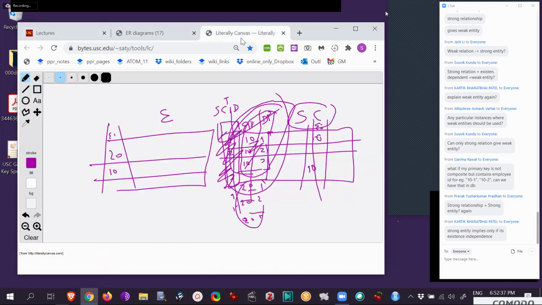If something is a weak entity, it necessarily implies that the table has some kind of dependence. Therefore, if the table is not existence dependent, it is not weak. So not B implies not A. Cool.